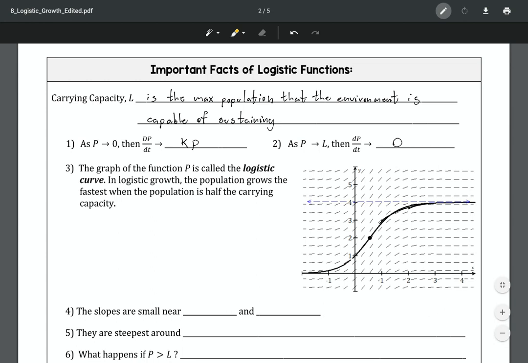Okay, so now let's talk about what number 3 is asking. It says the graph of the function P is called a logistic curve, and in logistic growth, the population grows the fastest when the population is half the carrying capacity.